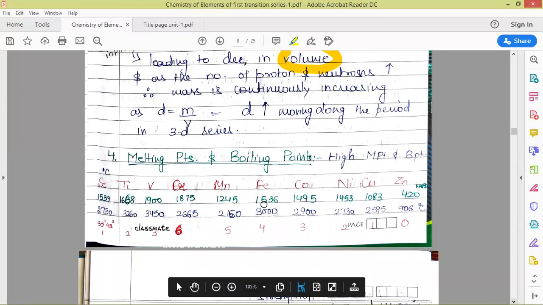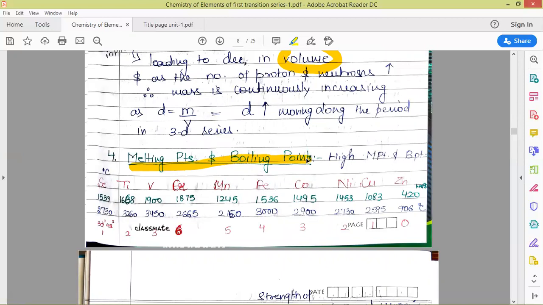Next property to be discussed here is the melting points and the boiling points of the 3d series elements. For the melting point and boiling point, first we need to know what type of bonding is there in the case of d block elements. All these d block elements, or we can say the 3d series members, are metallic in nature.